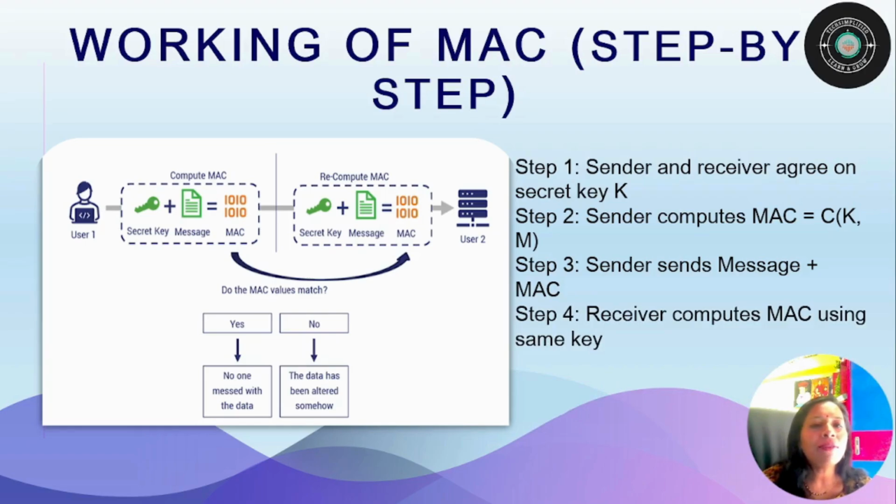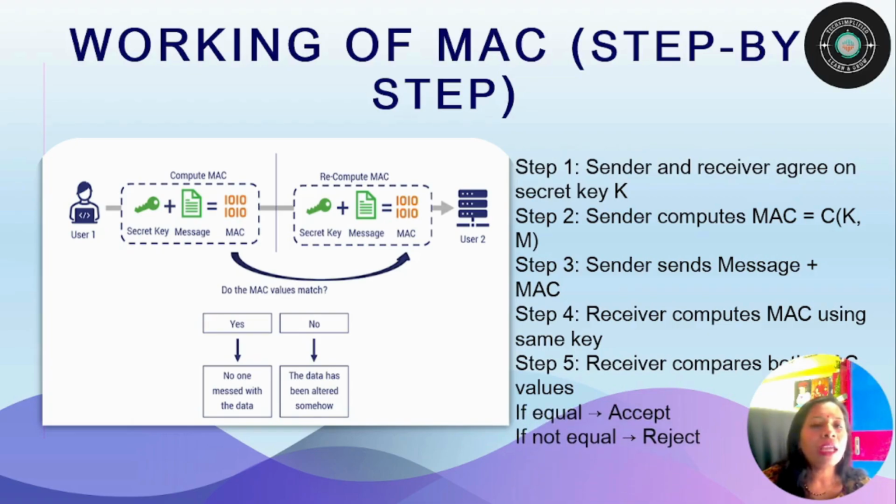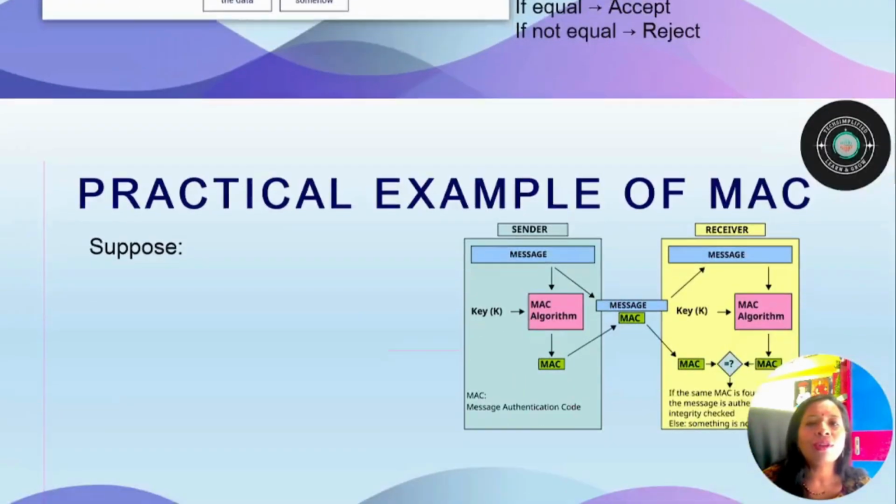The receiver computes the MAC using the same secret key with the message sent by the sender. Then the receiver compares both MAC values. If both MACs are equal, the message is accepted; otherwise, the message is rejected.